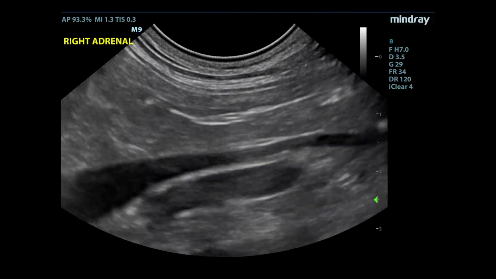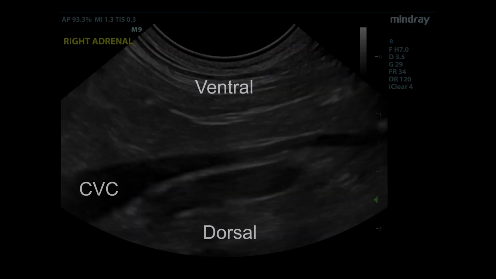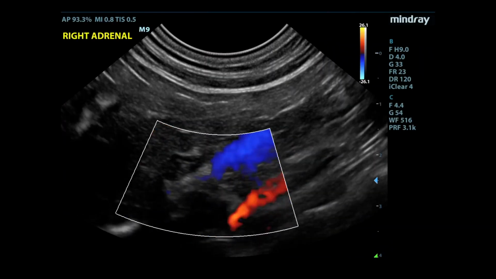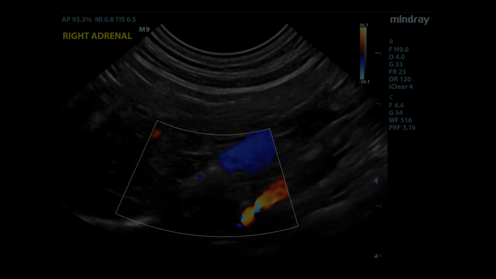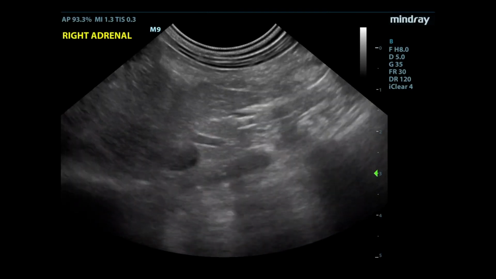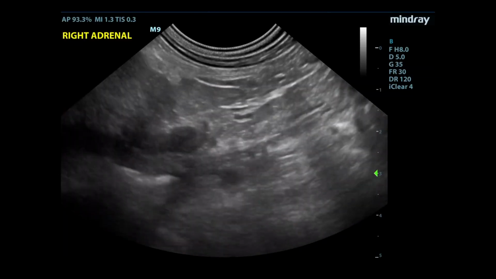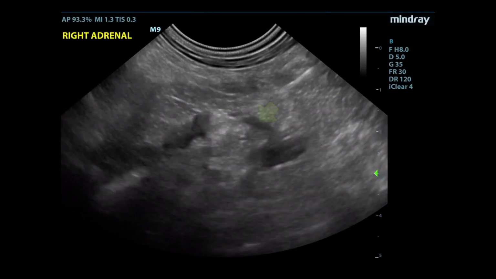However, the right adrenal can also be dorsal or ventral to the caudal vena cava. If you see the renal artery or vein, the right adrenal will be cranial to those blood vessels.